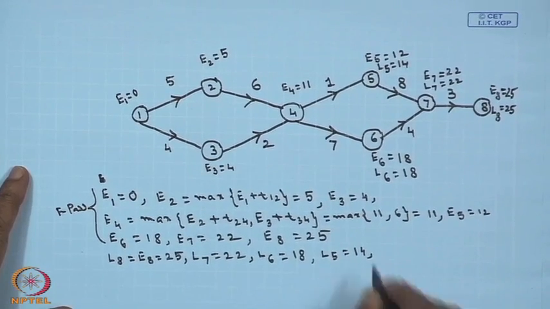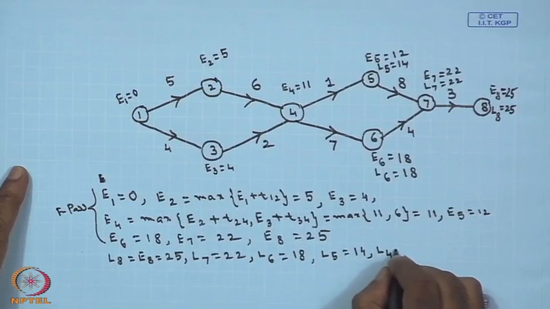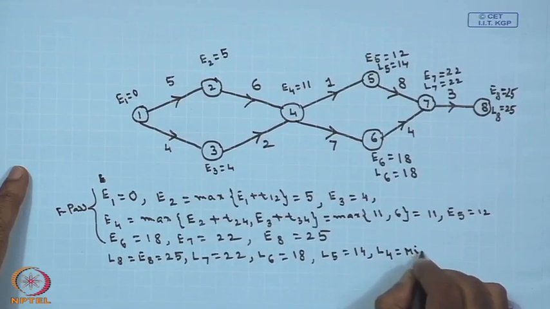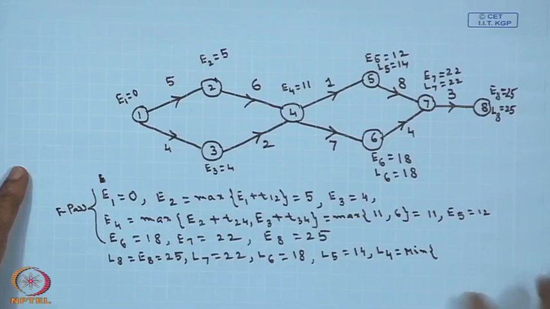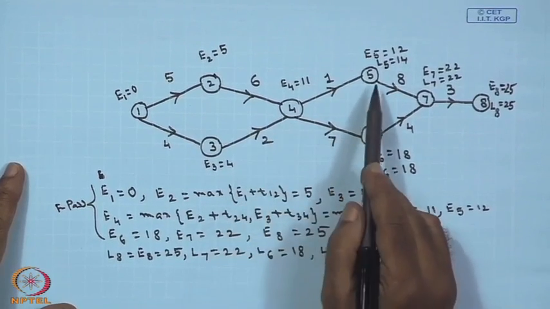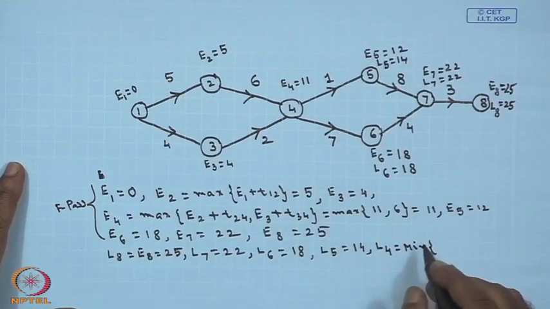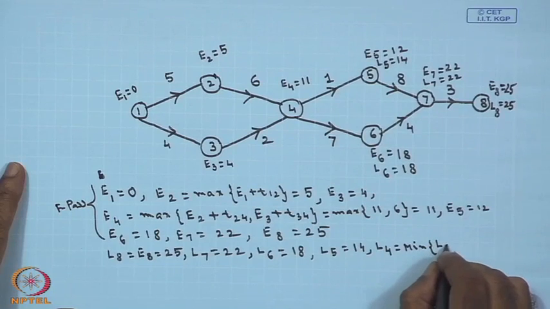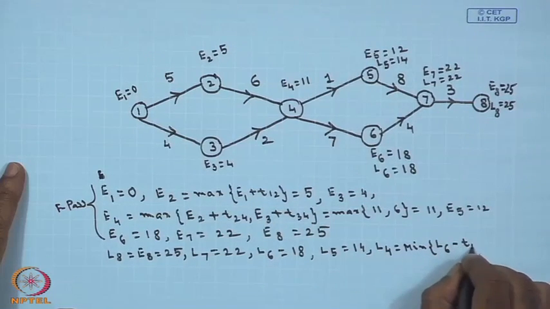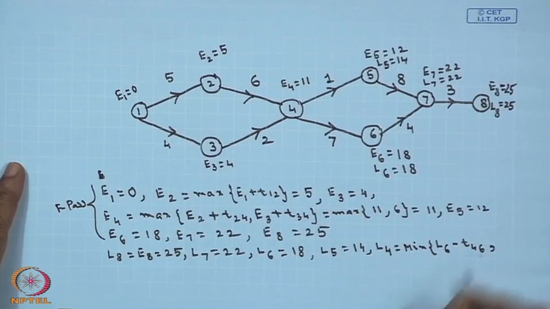And then your L4. What is your L4? L4 you see, L4 is coming from two sides. If you see, L4 is coming from node 5, node 6. So, L4 you can write down as minimum of L6 minus T46, comma L5 minus T45.